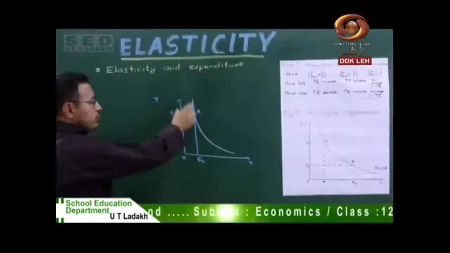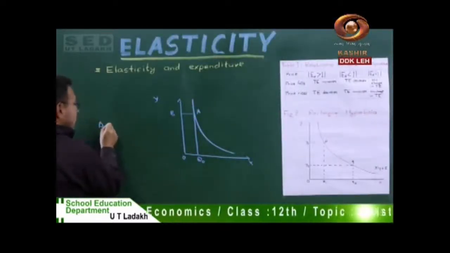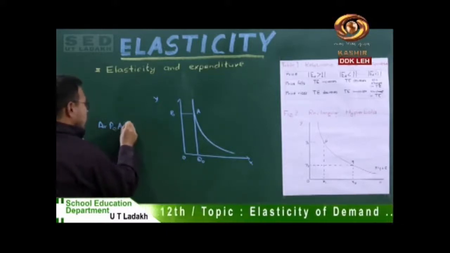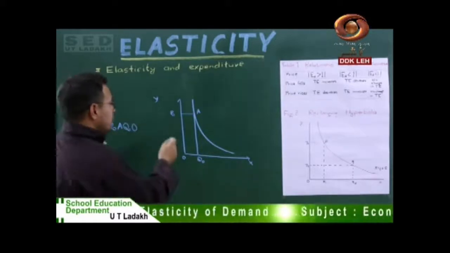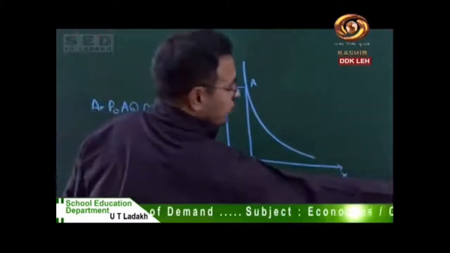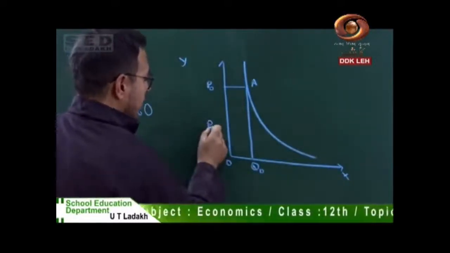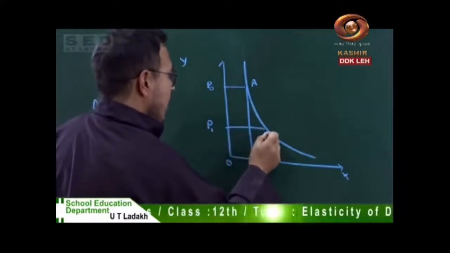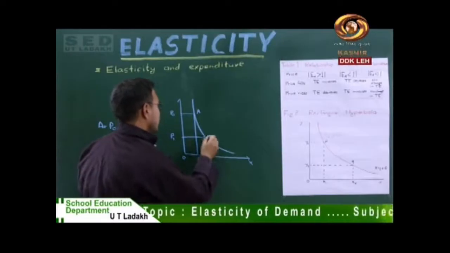And this is your initial total expenditure, this total area. Area P0, A, Q0, and O. O represents your origin. And now there is a fall in price. Here it is Y2, or I can simply put P1, and we have Q1.